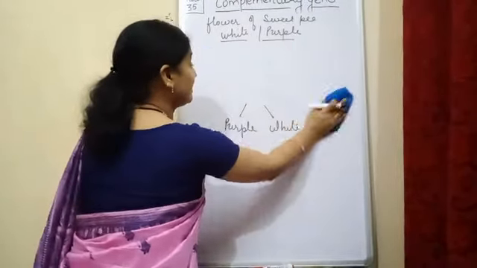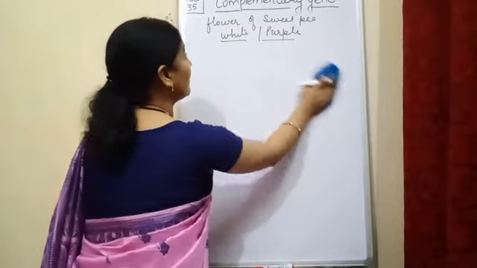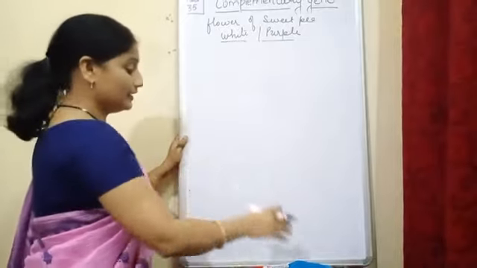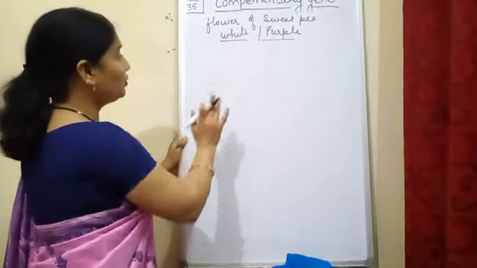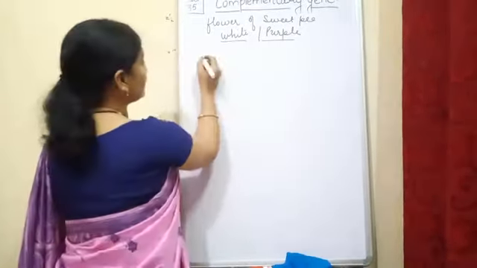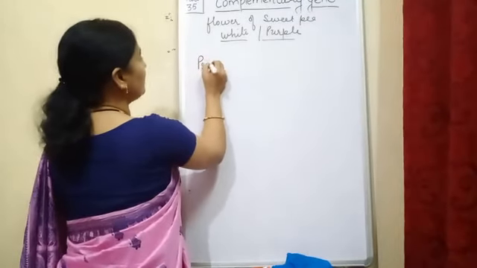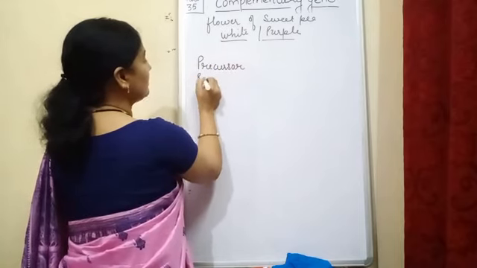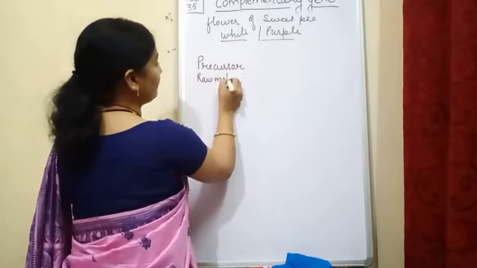Now, what I was telling you is that the color of the flower was purple and white. We can do a simple reaction. Suppose we take the precursor. The meaning of precursor is raw material.